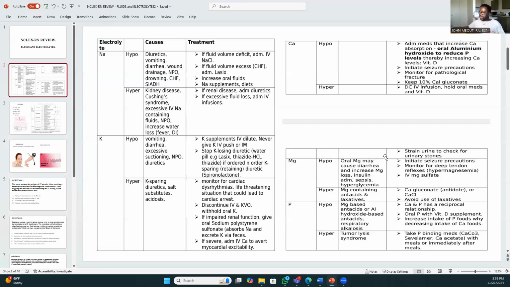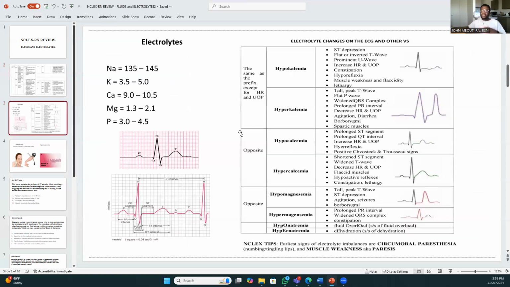Phosphorus. Now, I want us to look at something. What can be the changes of these electrolytes on the ECG? There are questions that they always ask in this area. Increased or decreased electrolytes can cause significant changes on the ECG.